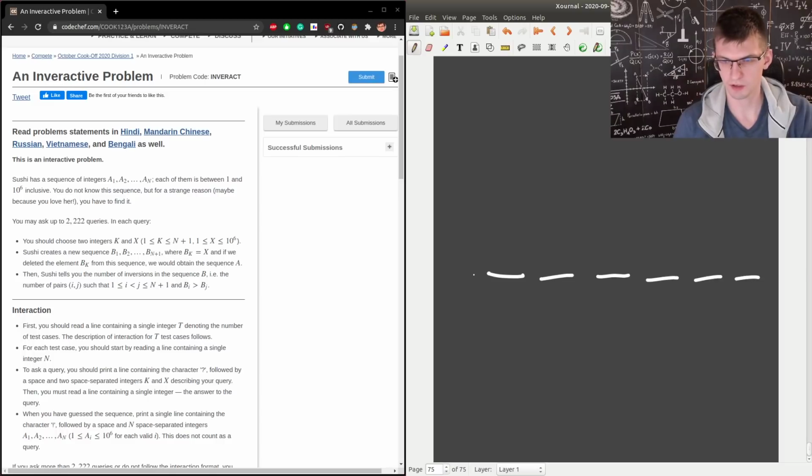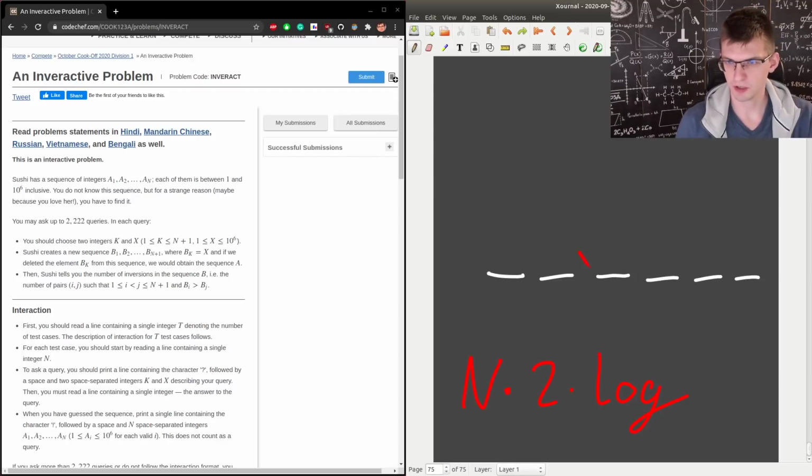I have some sequence. Now when I insert new value here, let's think. I think I can solve it in n times twice the logarithm, because I need to ask about every number in some way.